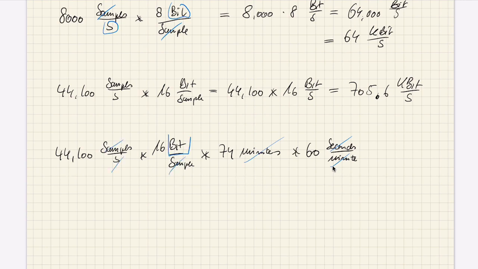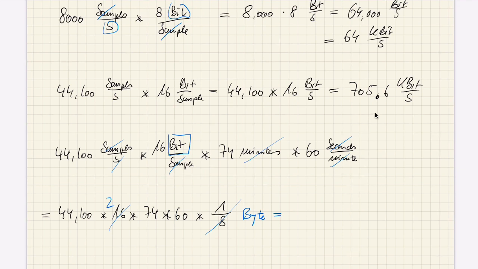What will remain is a bit. And as we are looking for byte, we finally have to divide by 8. So let's do it. So we have 44,100 times 16 times 74 times 60 times 1 by 8. We can now simplify this against that and put a 2 in here, and then we will have byte.